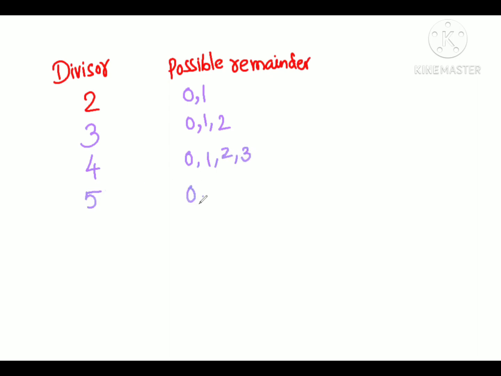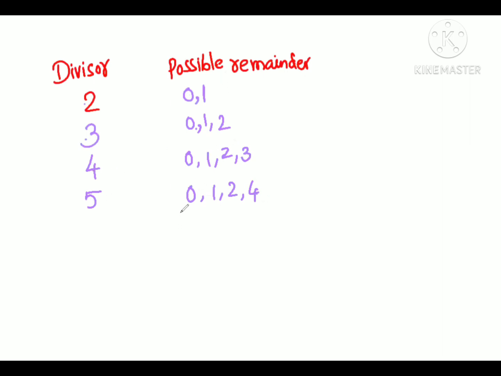In this way, the possible remainders are 0 or less than the divisor. Here 1 is less than 2. 0, 1, 2: up to here 2 is there, so it is less than the divisor. Here 3 is less than 4, 4 is less than 5.